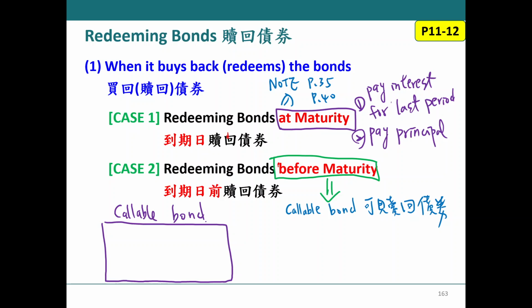So if this is callable bond, could you tell me, for any bond, we have 4 basic promises. So what are these 4 basic promises you have? First is what? Principal, right? So first, I have principal. Second one, your promise. What kind of interest? Contractual interest rate.